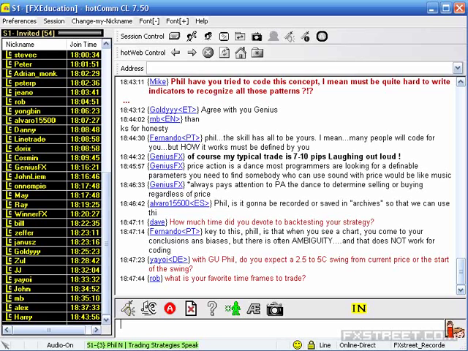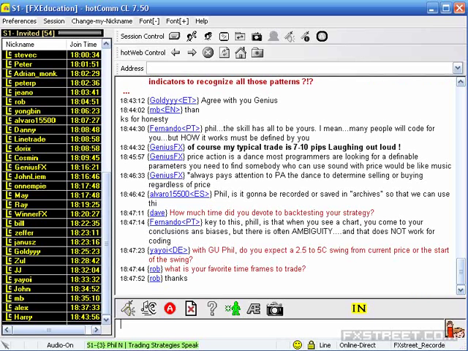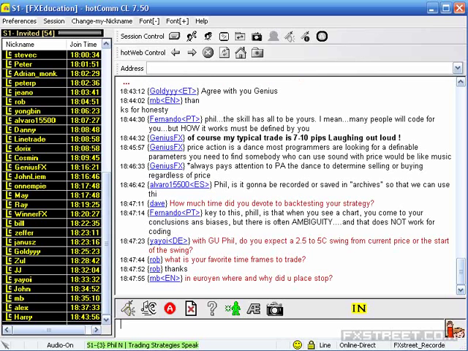How much time did I devote to backtesting my strategy? Many months. I went back over several years to get a gauge on whether it was going to have long-term viability. Then I spent a period of time forward testing it in real time to make sure it did have viability. The minimum amount of time to assess a strategy for further research would be 6 to 12 months.